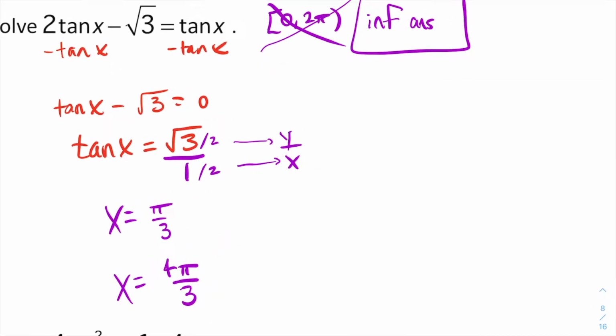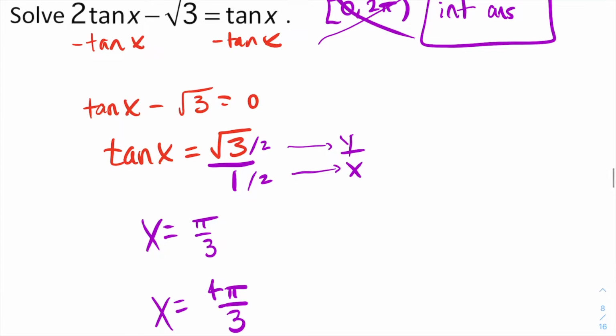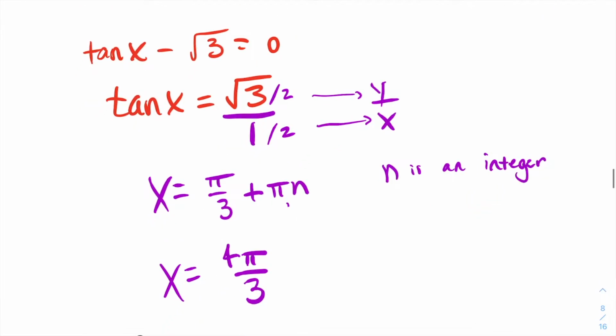If we think about the period of tangent, the period of tangent is pi. So you could just take one of your answers and add pi n, with n being an integer. And if you add 1 pi in right there, that gets you 4/3 pi, so that will take care of that other answer.